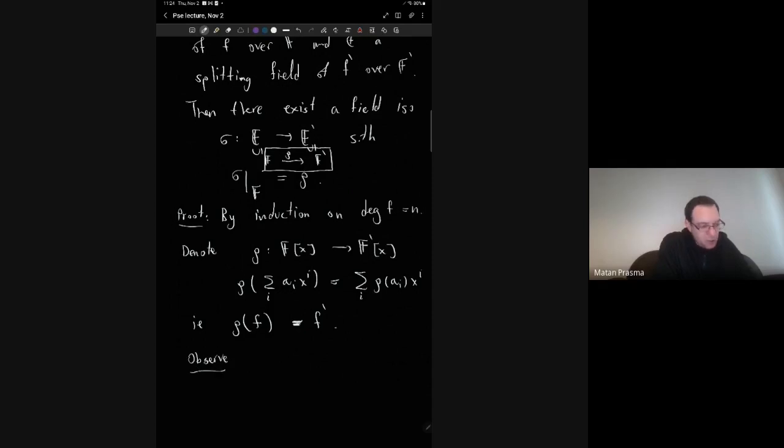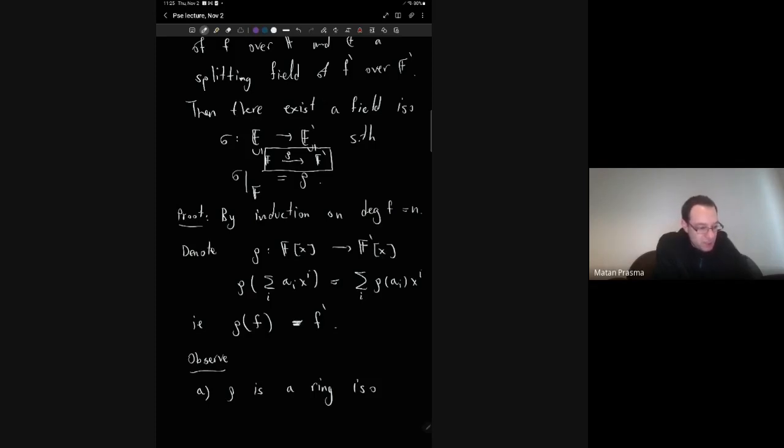Now, let's make two observations. One is that rho is a ring isomorphism. Rho respects addition and multiplication because you simply apply the original rho on the coefficients, and the original rho is bijective.